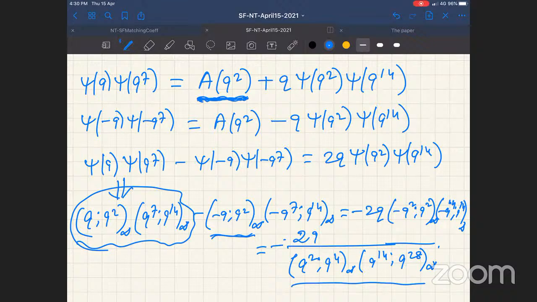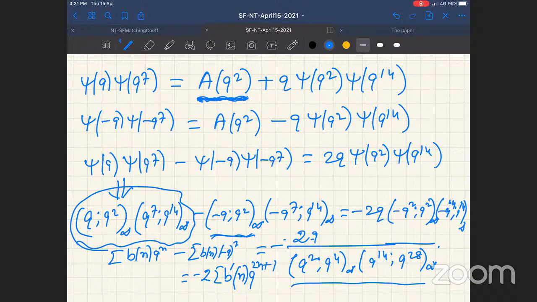So therefore, if we denote this by B(n) q^n, say, and this is nothing but B(n) of minus q^n, and here it is nothing but minus 2 B prime of n q to the power twice n, and there is a q in front, so therefore twice n plus 1.